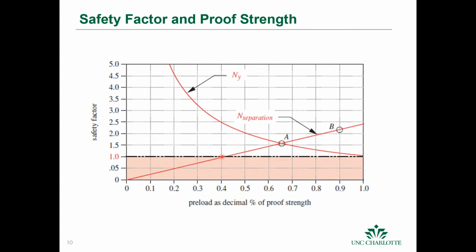So you're going to get separation. So you have to torque that bolt down to a high enough percentage of the proof strength so that you have a higher safety factor than 1 for the designed load, so that it doesn't pull out. Okay.